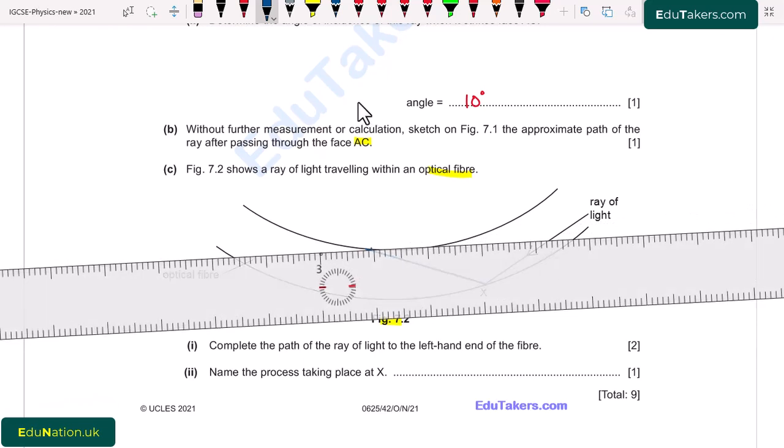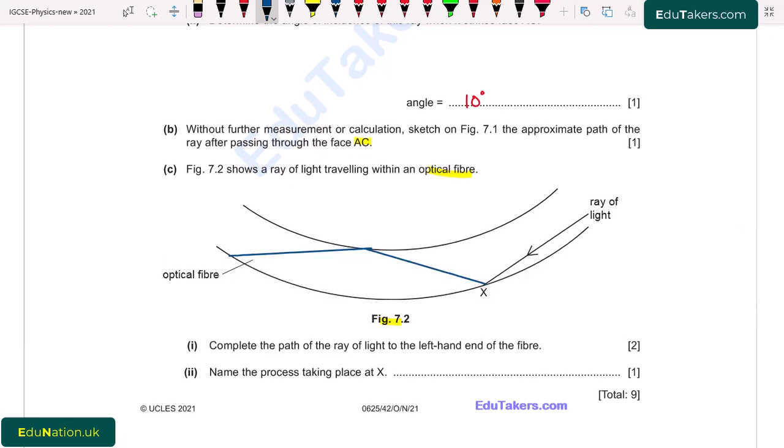So in this way it is reflected inside this optical fiber and does not refract out.